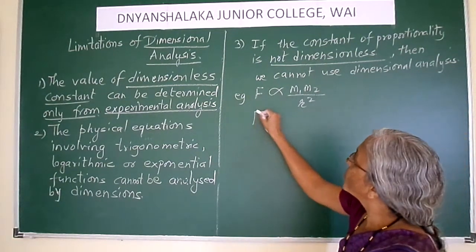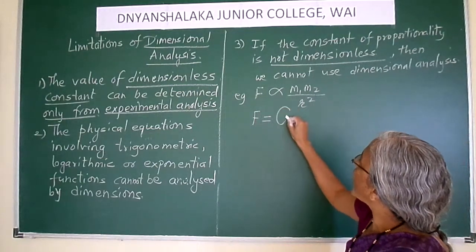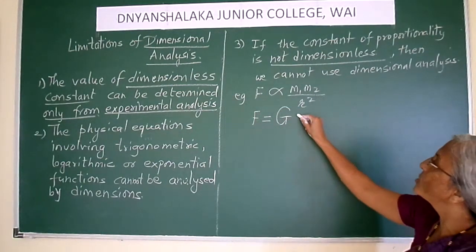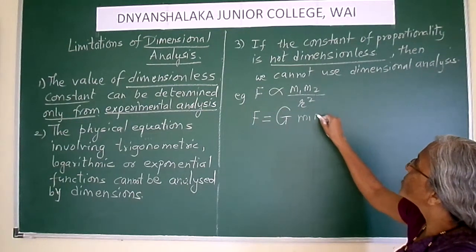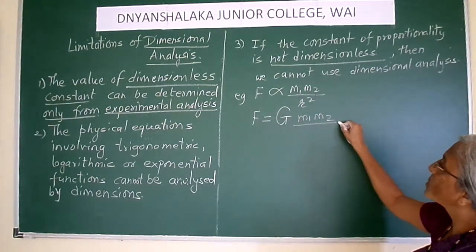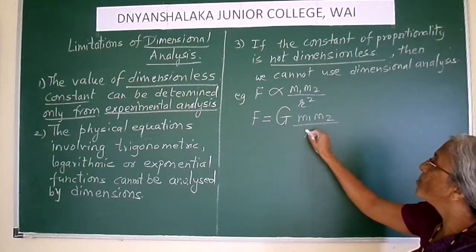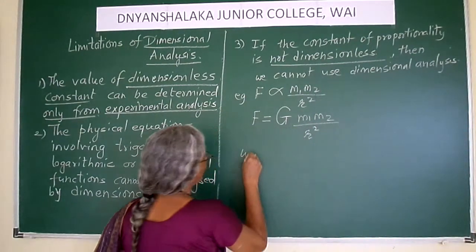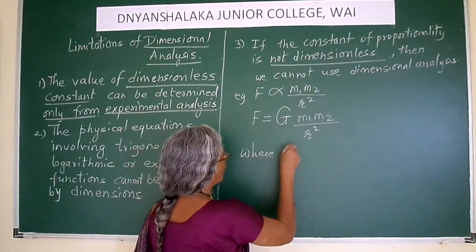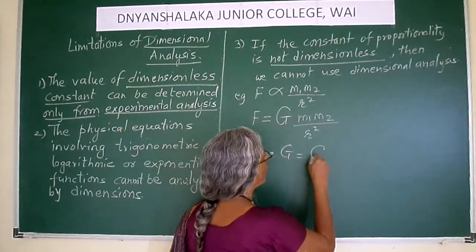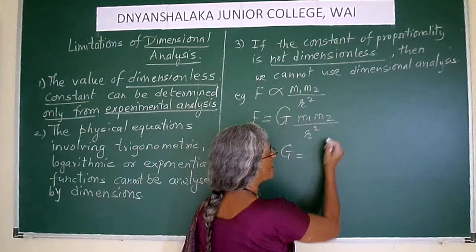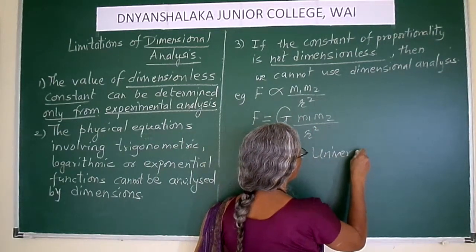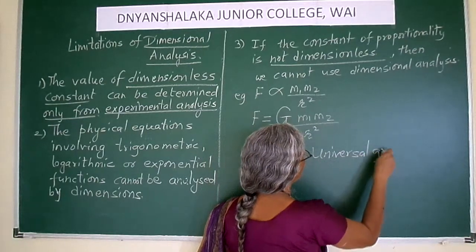Now if I remove the proportionality, I introduce a constant of proportionality, that is capital G. So I get the equation F is equal to G into M1 M2 upon R square. Well, what is this G? Here G is called the constant of gravitation or universal gravitation constant.